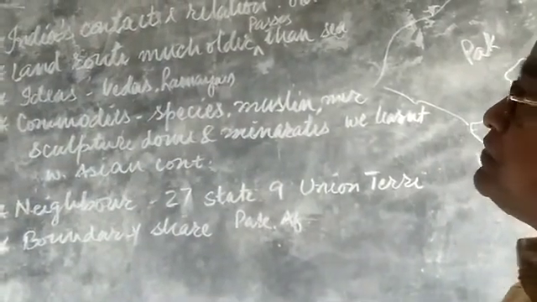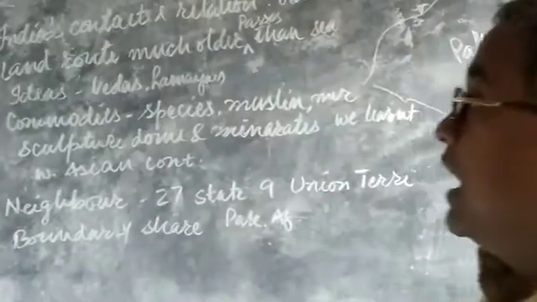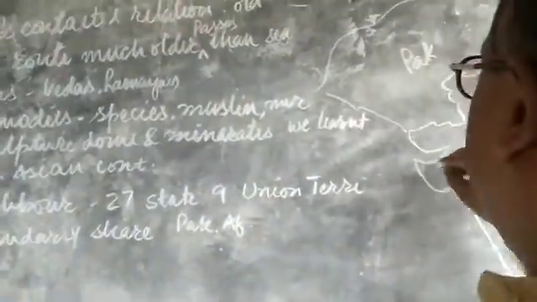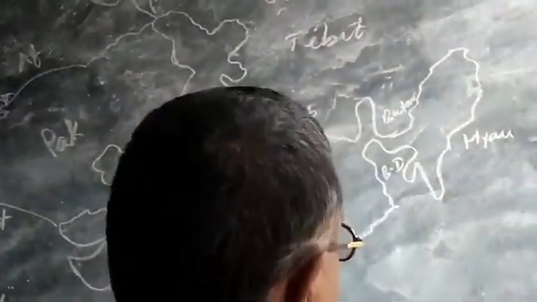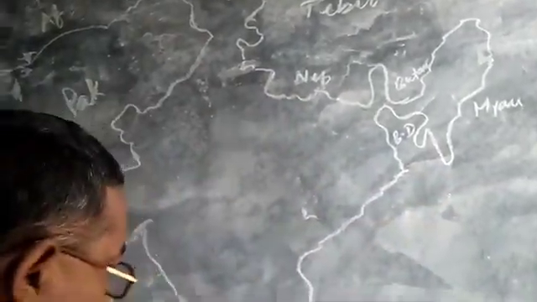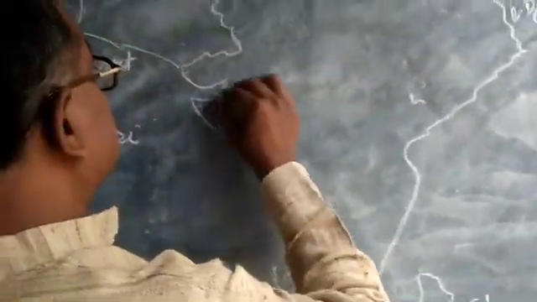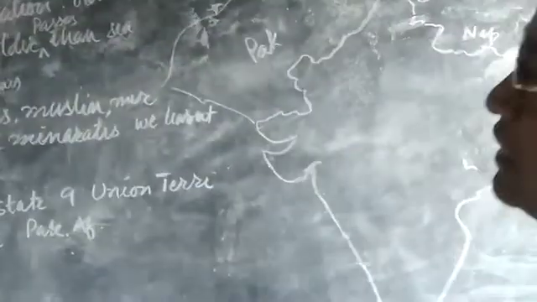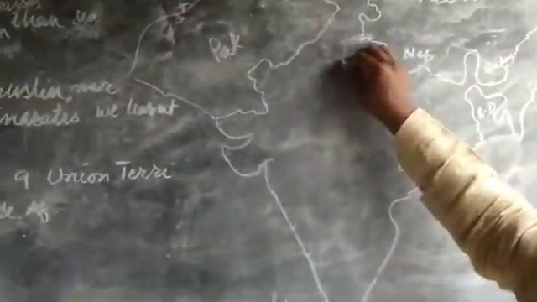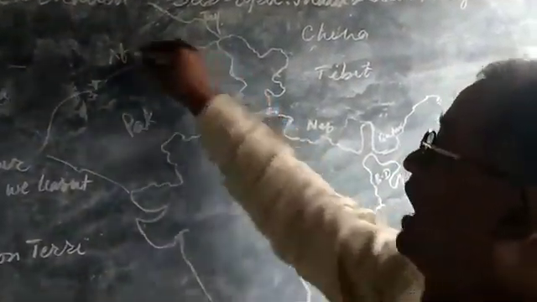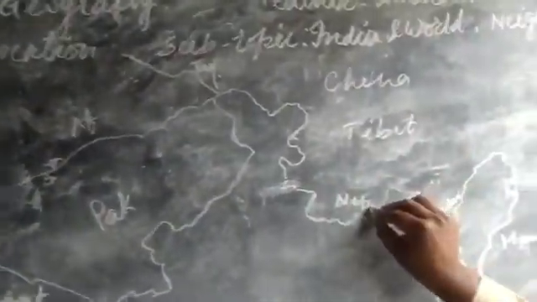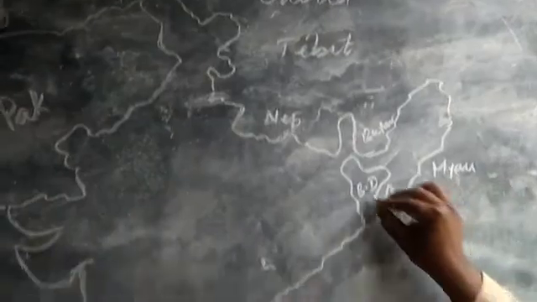So, our country India has a land boundary from this region to this region, this is the land boundary of this country. It is the sea coastline. It is also considered as the sea coast. India's land boundary is closer to Pakistan, Afghanistan, Tajikistan, China, Tibet, Nepal, Bhutan, Myanmar, Bangladesh.